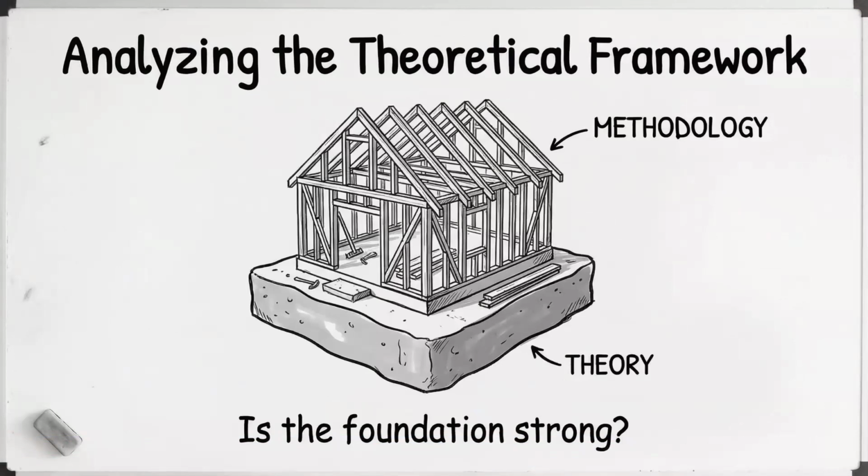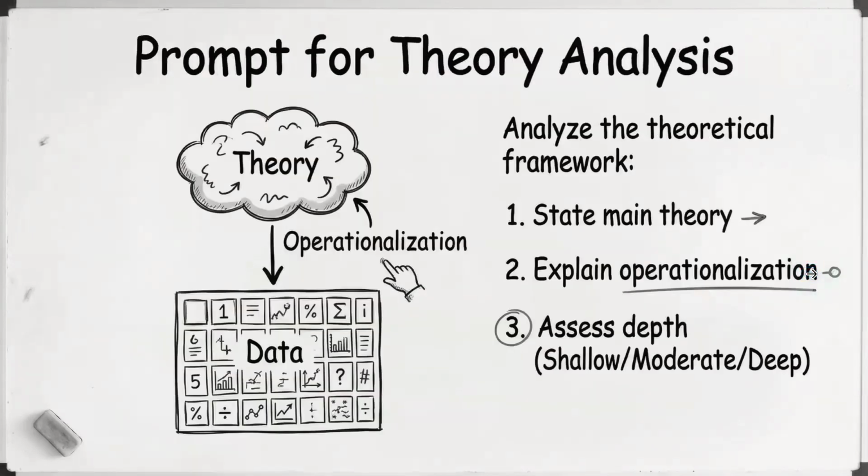And because I love quantitative work, I love to find the operational variable because I can imagine clearly how this variable works. I also prefer to make AI assess whether the theory and operationalizations are shallow, moderate, or deep.